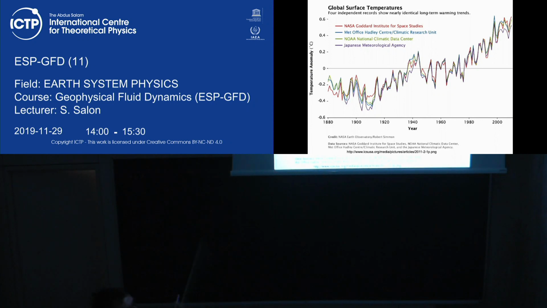And this created, as you know, a lot of problems. So this is one of the most viewed images, which is the global surface temperature with 4 different independent records, which shows, of course, the long-term warming trends from the end of, let's say, 2 centuries ago, in the 19th century, up to more or less today.